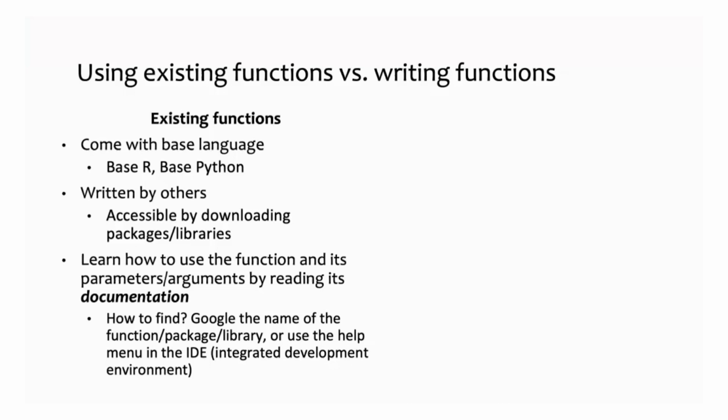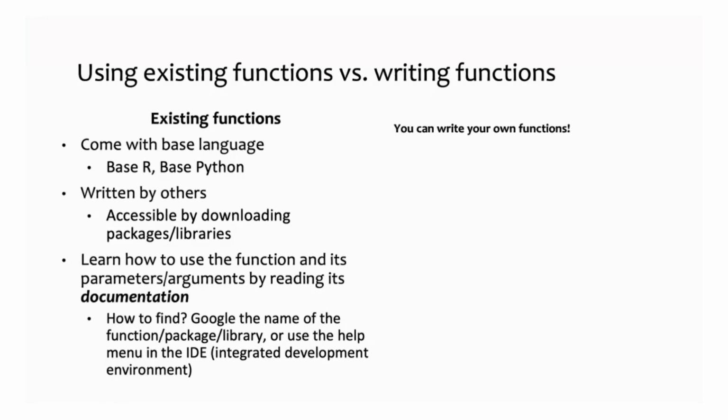So the integrated development environment always has a help window where you can search the name of a function and it will bring up the documentation so that you know what the function needs in order to run.